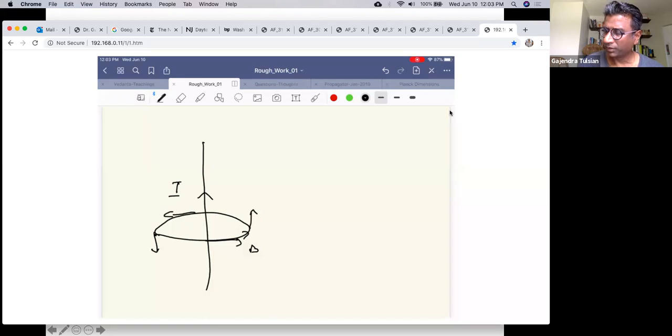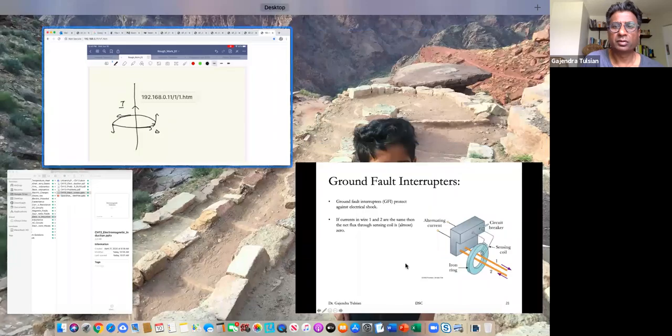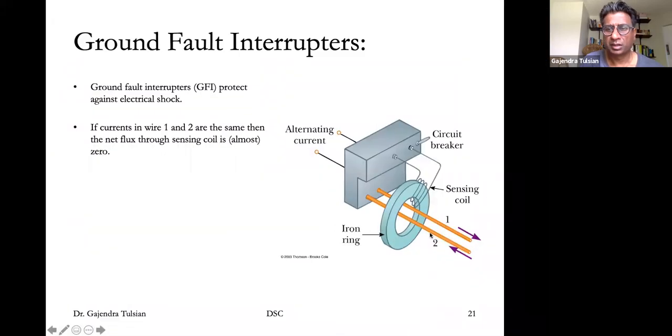So it's producing a magnetic field like that. What this means is this current is producing a magnetic field through the loop in that sense, and this current is producing a magnetic field in this sense. Now, if the wires are close by, the net magnetic field through this coil is 0.